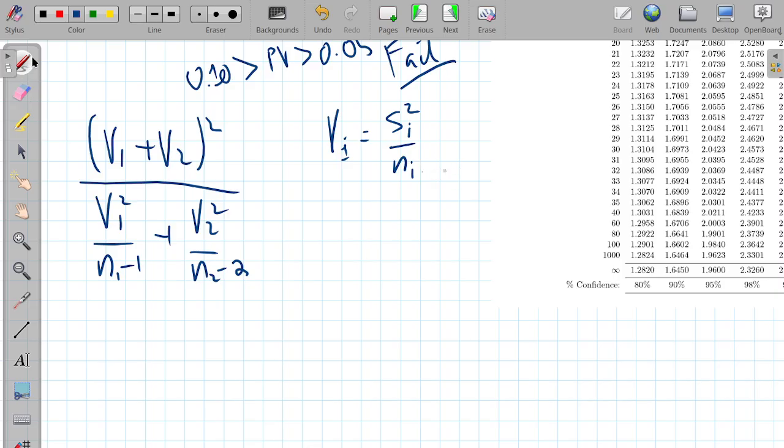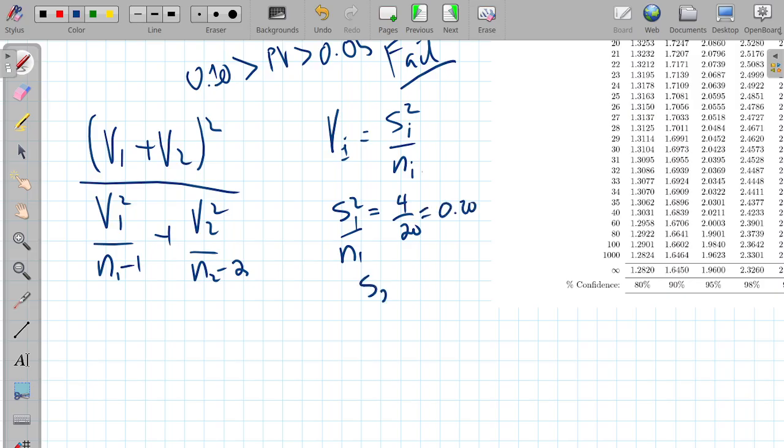Now, what was our variance? Well, for sample 1, for S1, we had 2 over 20. So let's do it this way. So this works out to 4 over 20, and that is 0.20 last time I looked.